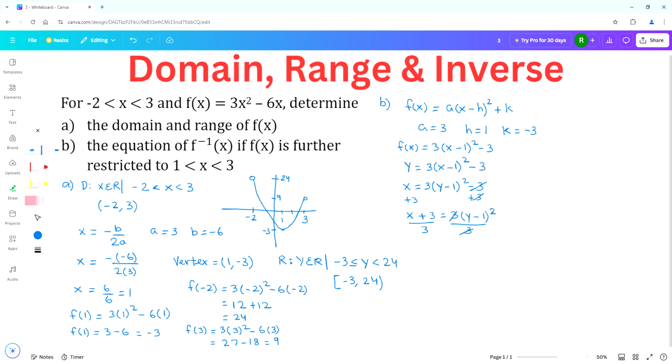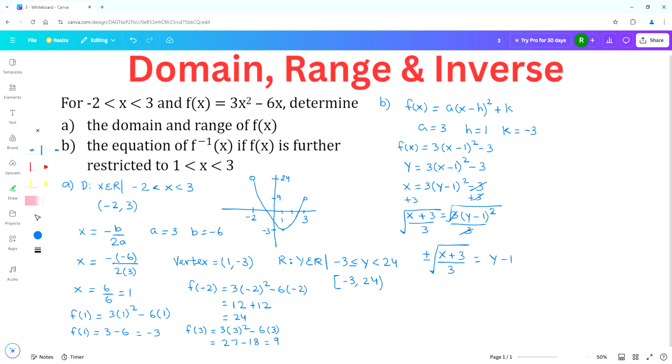Next, we can apply square root to both sides. On the right side, the square on y minus 1 and square root cancel each other out.